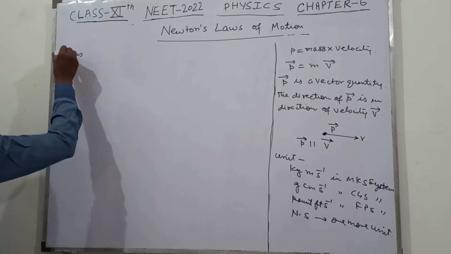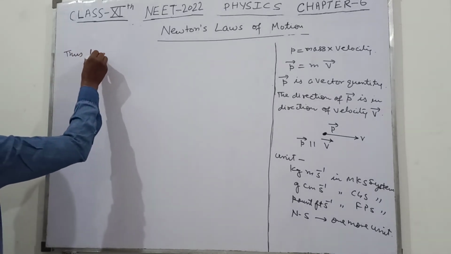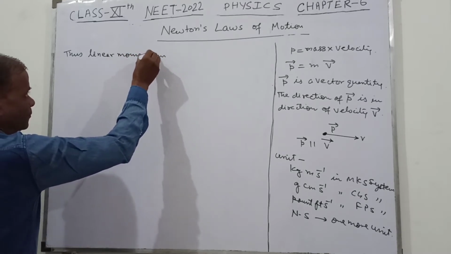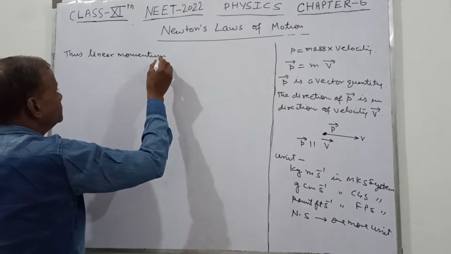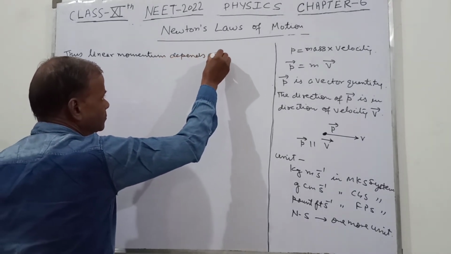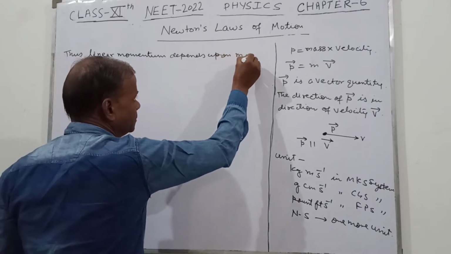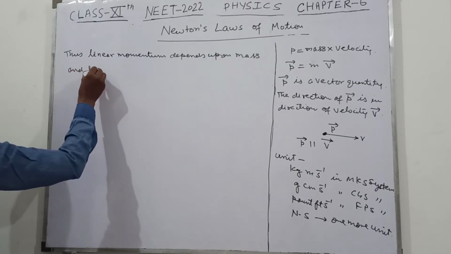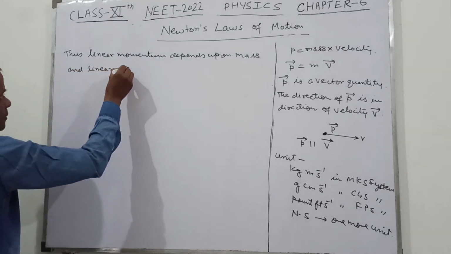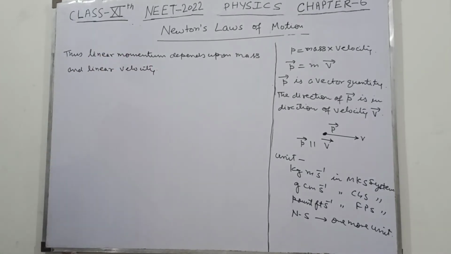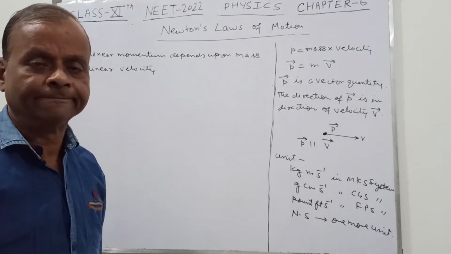Thus, linear momentum depends upon mass and linear velocity. So this is about the momentum.